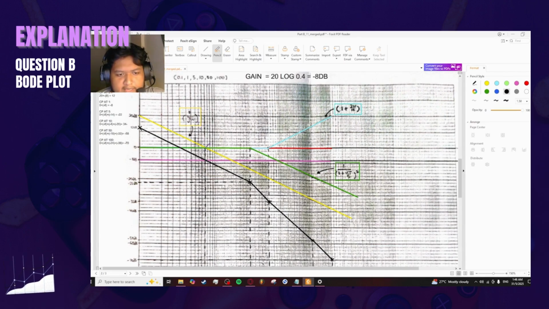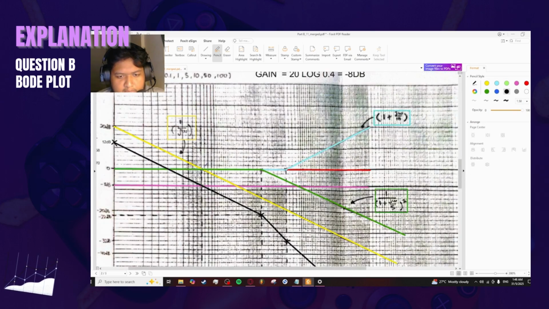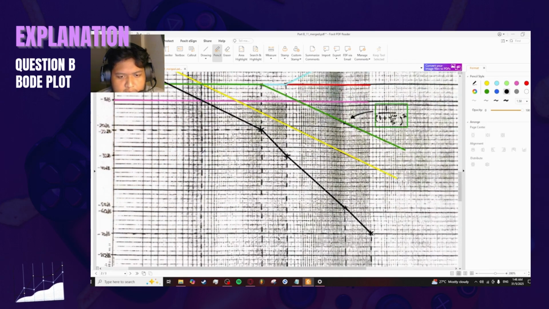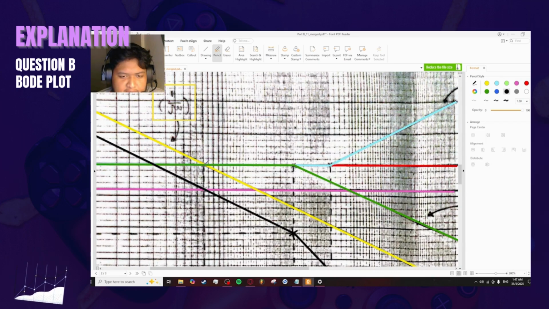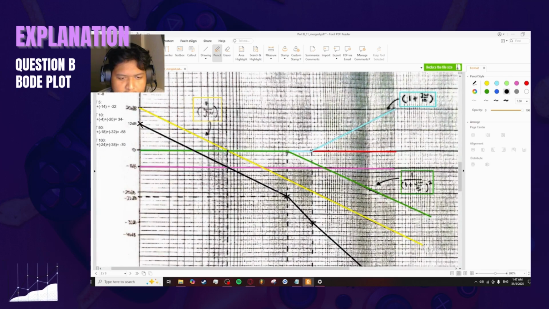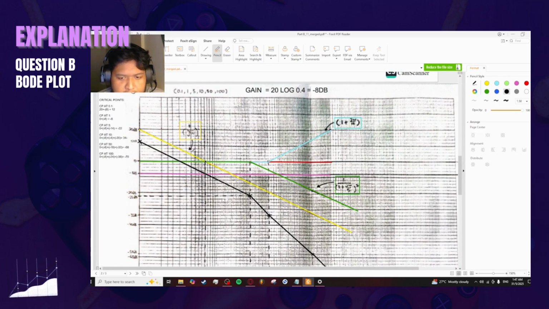Like I said, it will go down 20 decibels. So you would pick a point here, which is 0.1, and then you just draw it from here to 20 decibels here, drag it over here, and make it a straight line.